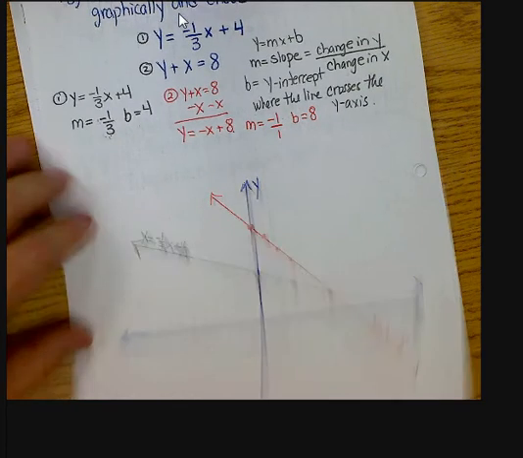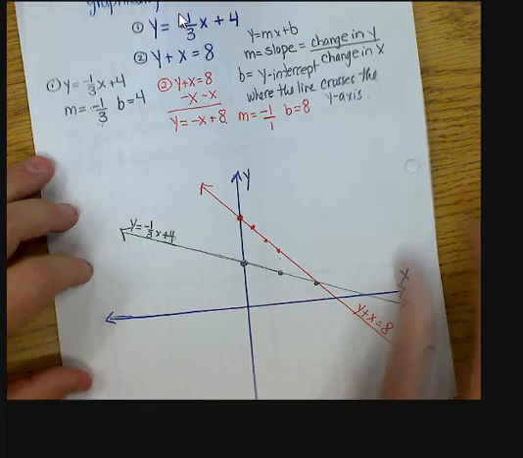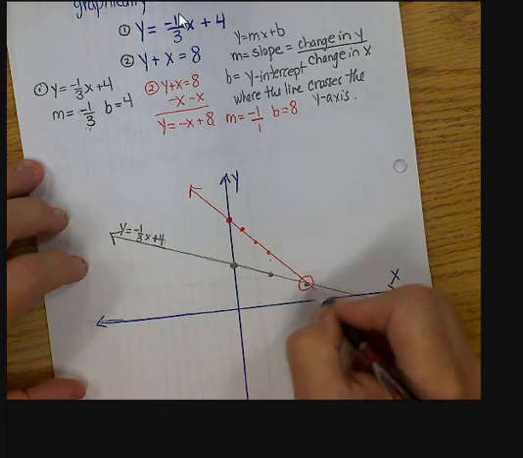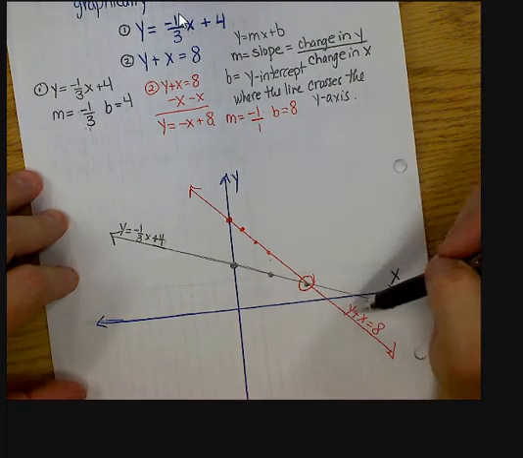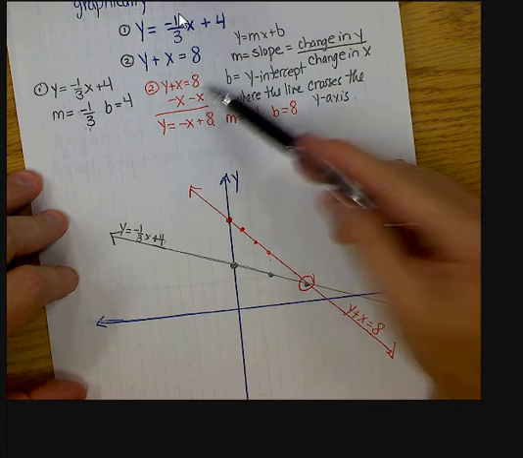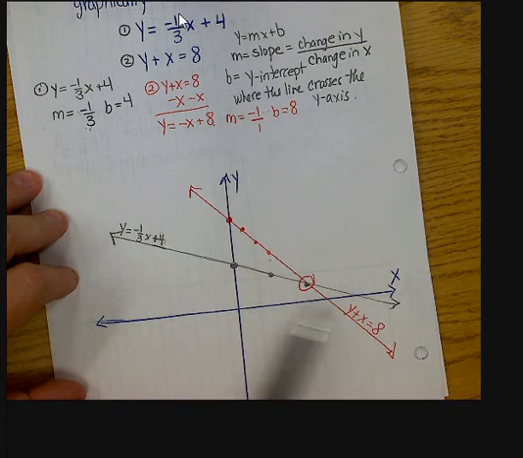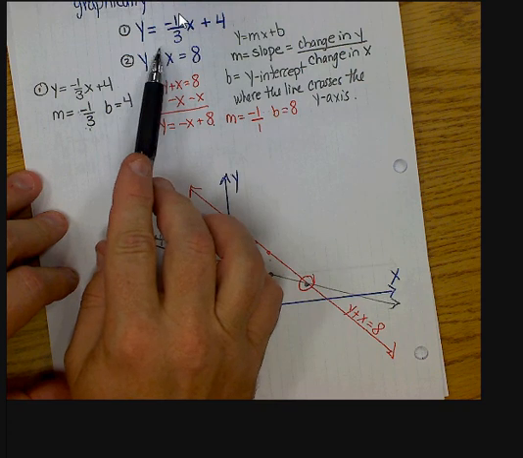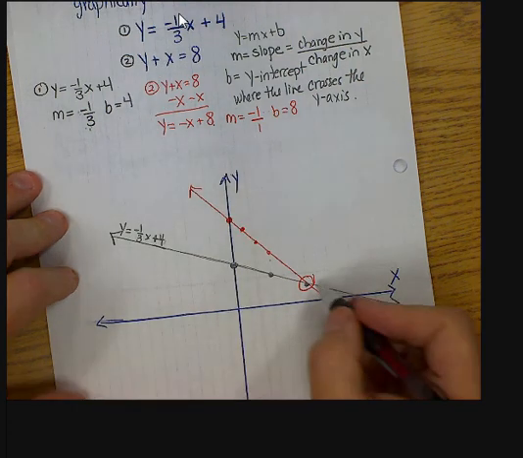Okay? And why do we do this? What are we looking for? The point where they intersect. Understand that every point on this red line satisfies equation number 2. Every point on this pencil line satisfies the equation y equals negative 1/3 x plus 4. The point that satisfies them both is going to be that point of intersection.